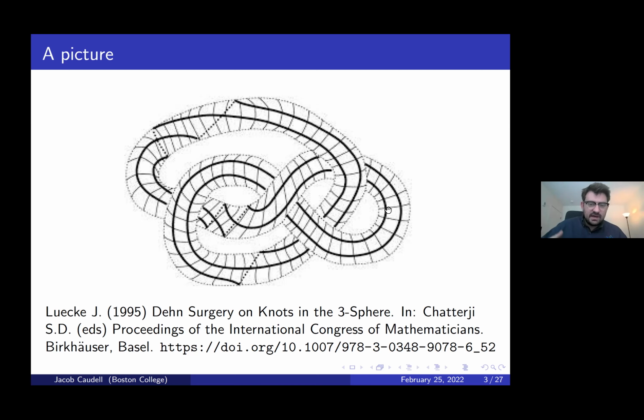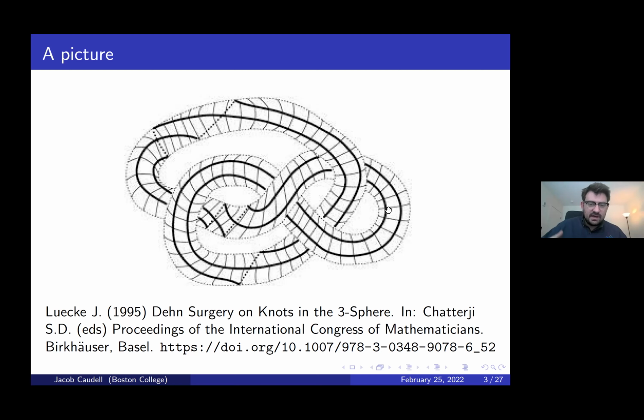And so when you have this solid torus, what you want to think about is scooping out this solid torus. So now you have the exterior of this knot. And then in solid black here, you can see there's an essential simple closed curve on the boundary of the exterior that's been picked out.